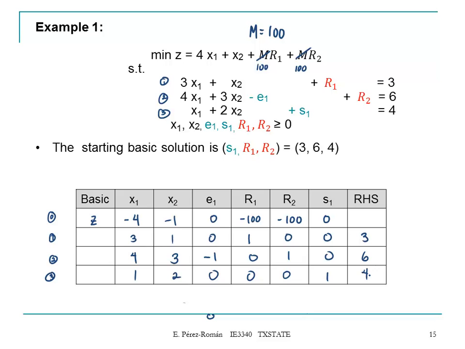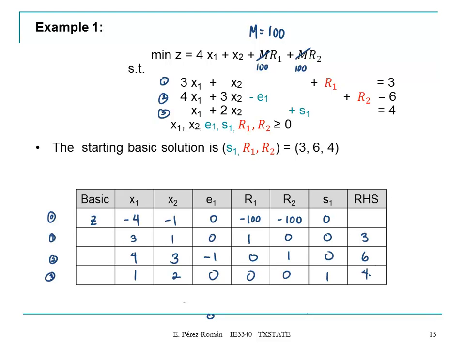Okay, so I want you to tell me which are the three basic variables in this tableau. So the first basic variable looks like this one. We have a minus 100 here. Same problem with this one. This one is a basic variable.